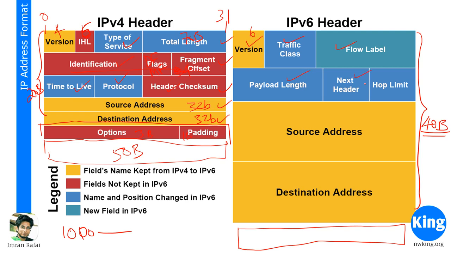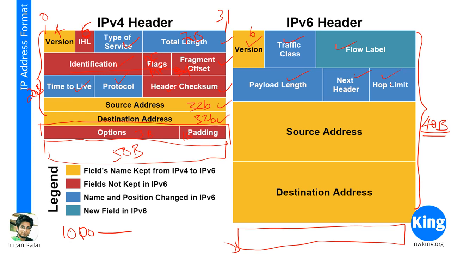Then you have next header. Next header is a field that is going to tell what the next header is going to be. It could be anything, and it's more like the protocol field we have in IPv4. Even if you have your own protocol, this is a field that will be able to identify and tell what is the next protocol that's going to come. So it is very usable as future technologies come in.